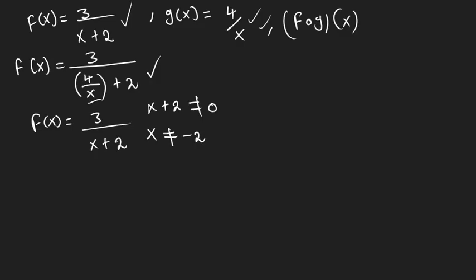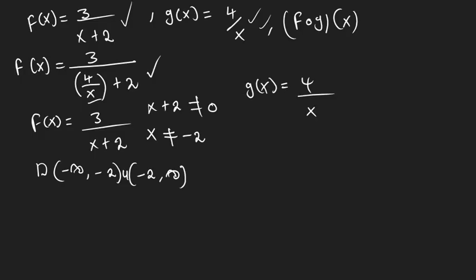So I'm getting a domain which is going to come from negative infinity to negative 2, union negative 2 all the way to positive infinity. That is for the first operation. So for g of x, I have 4 over x. I'm going to say that my x must not equal 0.